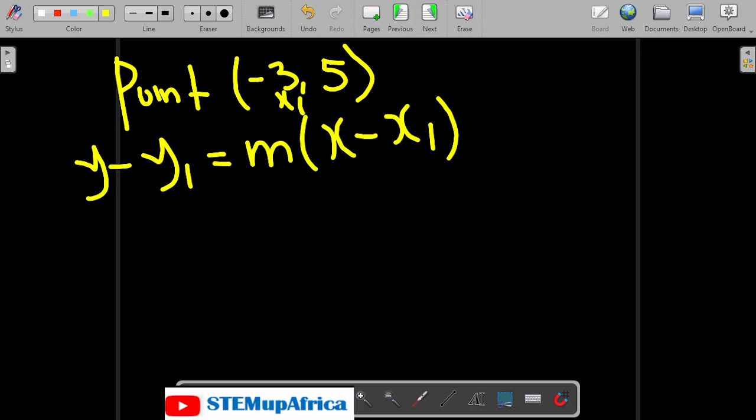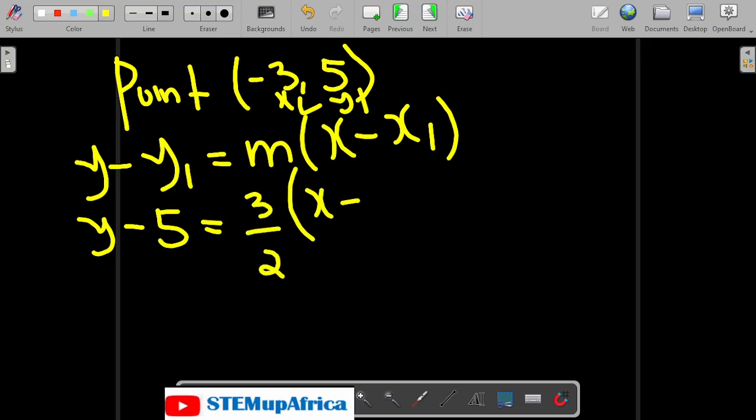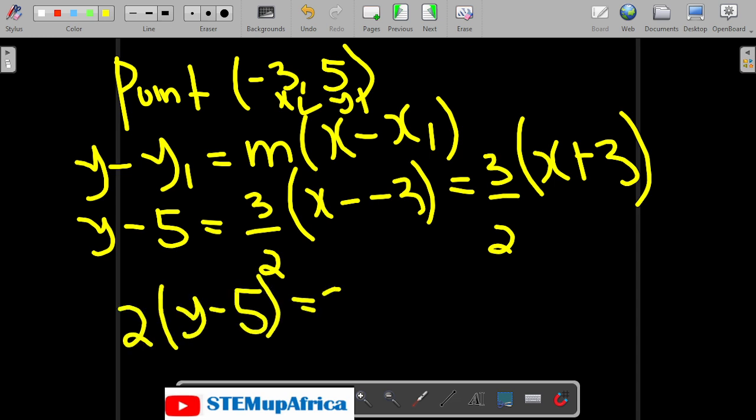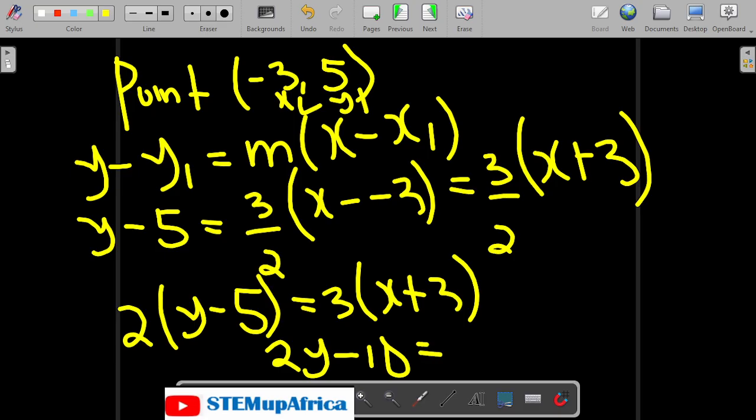Substituting, I have y minus 5 equals 3 over 2, my gradient, times x plus 3. From here I can cross multiply: 2 into y minus 5 equals 3 into x plus 3. Opening the brackets, I have 2y minus 10 equals 3x plus 9.